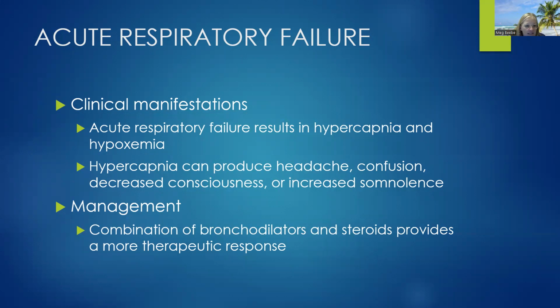So in a case of a severe VQ mismatch where shunting of the blood is occurring past non-functioning alveoli, we will see supplemental oxygenation, but that may not be sufficient to improve a patient's oxygenation status. In these particular cases, non-invasive or invasive positive pressure ventilation may be necessary.